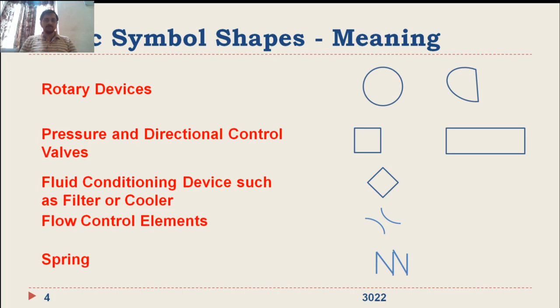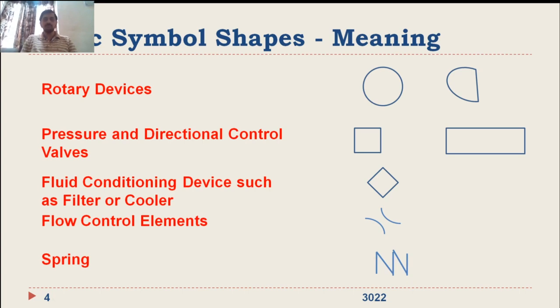Cylinders, in almost all diagrams, we represent using an open rectangle with a piston. Then conditioning devices like a filter or cooler are represented by a diamond shaped square, rotated 45 degrees. Flow control elements are represented by two arcs like this. Then a spring, usually used in valve spring control, is represented by zigzag lines. Okay, so these are the basic symbol shapes.